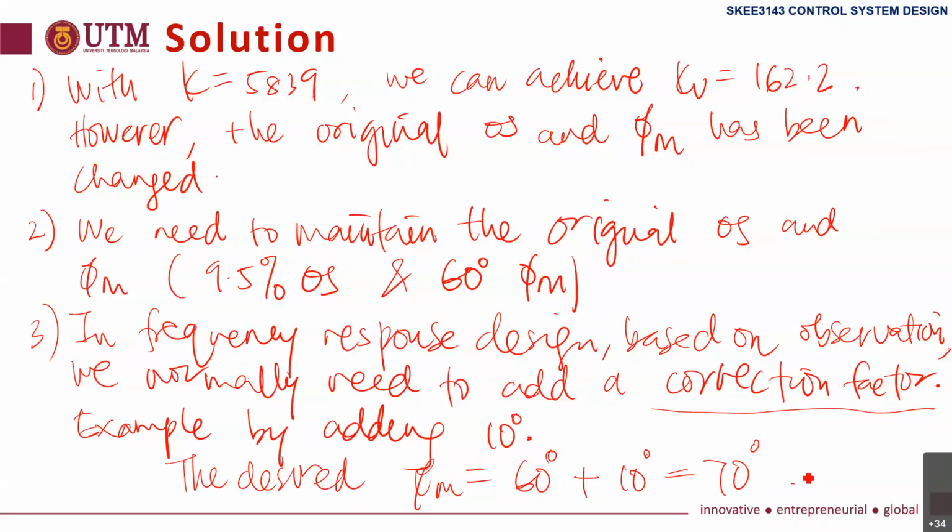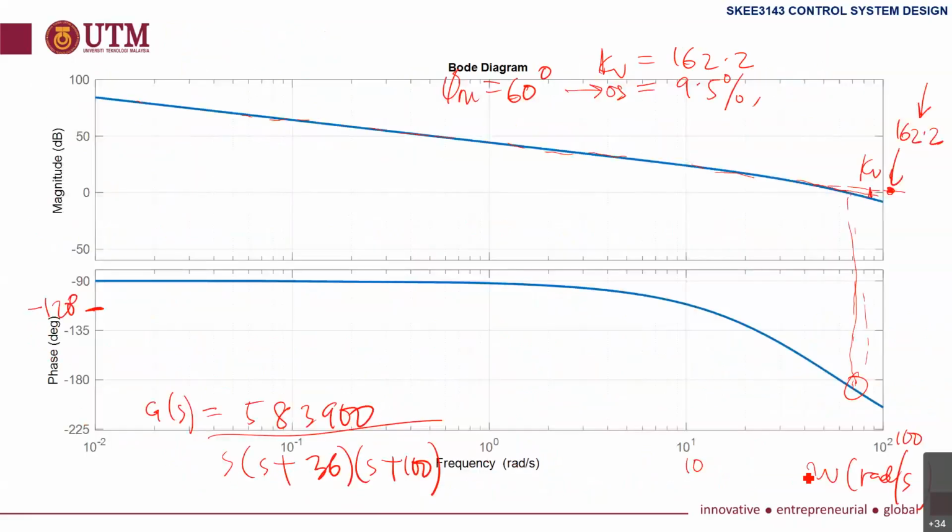So let's say we add 10 degrees. That means we want 70 degrees phase margin. 70 degrees phase margin means, if I go back here, I want minus 110 degrees, because 90 plus 70. Our interest is at minus 110 degrees.